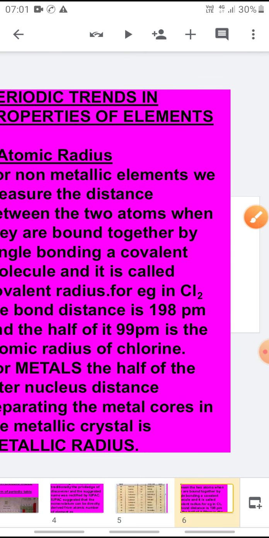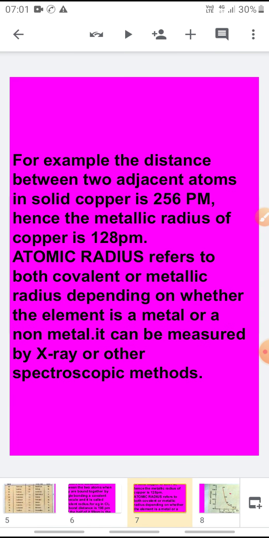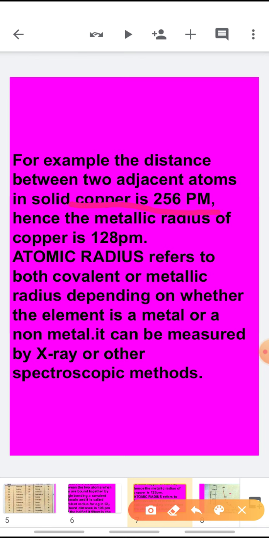For example, the distance between two solid copper atoms is 256 picometer, so the metallic radius of copper will be 128 picometer. Children, I hope you have understood what is atomic radii in case of metals and non-metals.